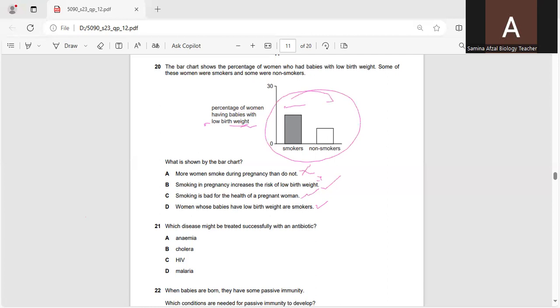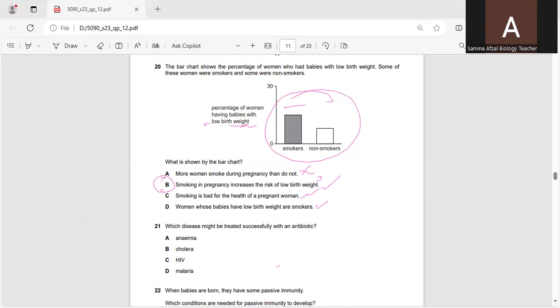The correct option is B, because in this bar chart we are making a comparison between smokers and non-smokers. So according to this bar chart, B is the correct option: smoking in pregnancy increases the risk of low birth weight. Which disease might be treated successfully with an antibiotic?